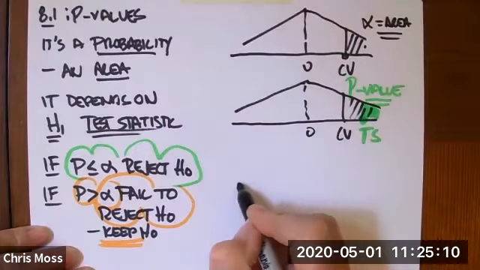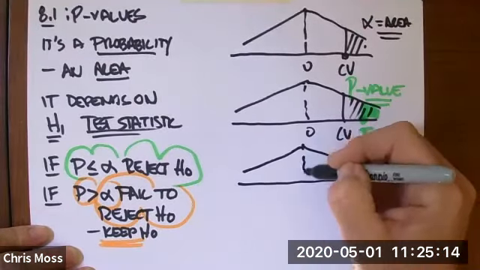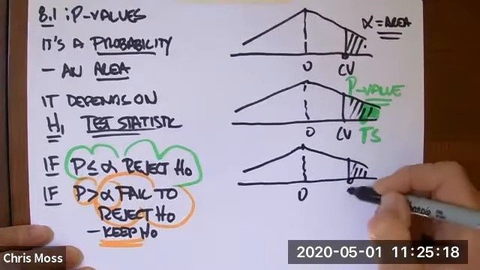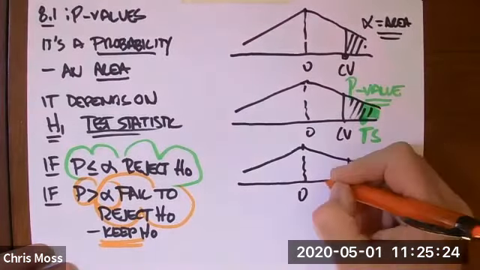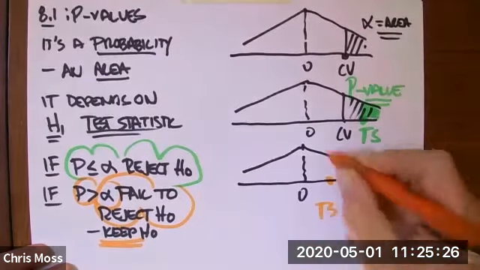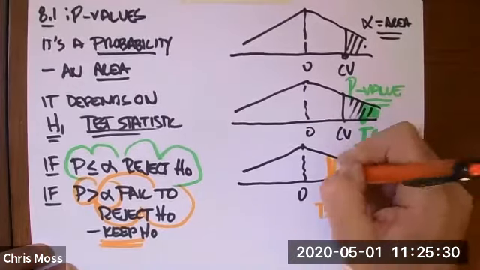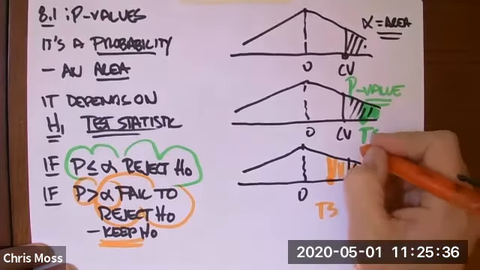On the other hand, it's possible that the test statistic does not fall in the rejection region. Now, if I compare the orange area to the black area, that orange area is the p-value.